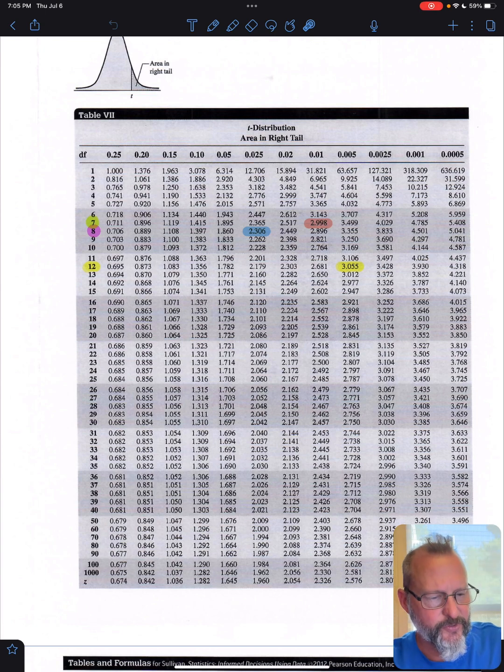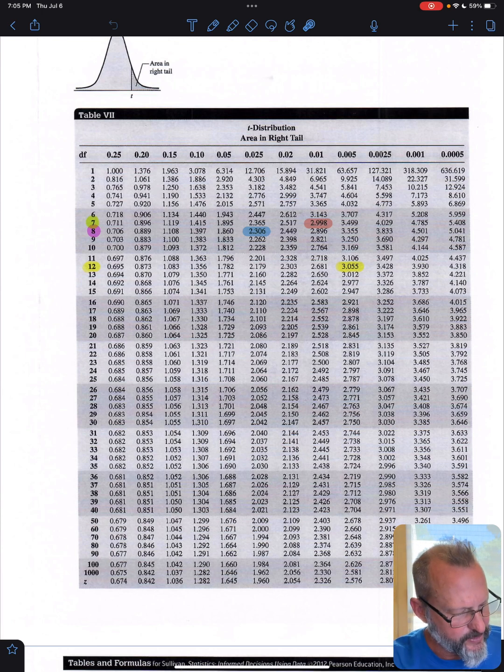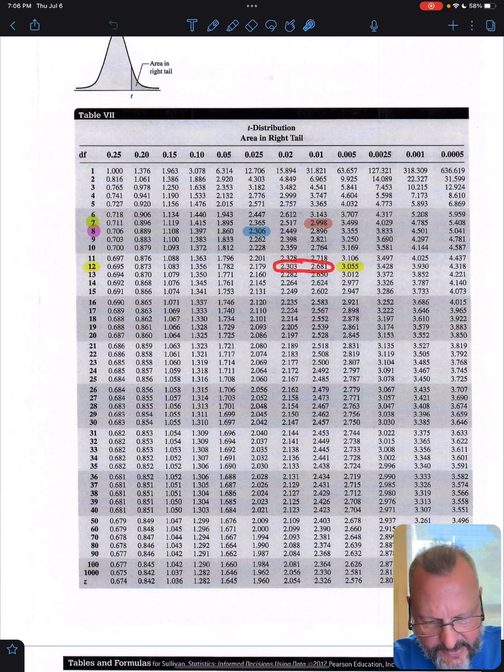You have to go to degrees of freedom 12. You can find 2.43 somewhere else down here. Where did it go? I found it once before. Right here. It's between those two. Oh wait, but that's the wrong degrees of freedom. So you've got to go to degrees of freedom 12 and look that up, and it's basically between these values, 2.30 and 2.68.